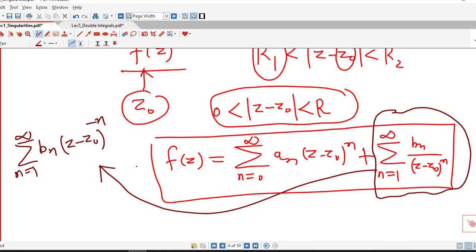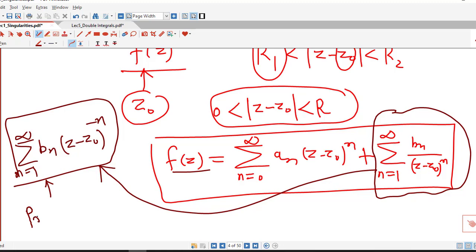This part of the Laurent series of f(z), which involves negative powers of z - z0, is known as the principal part of the function f at the point z0.